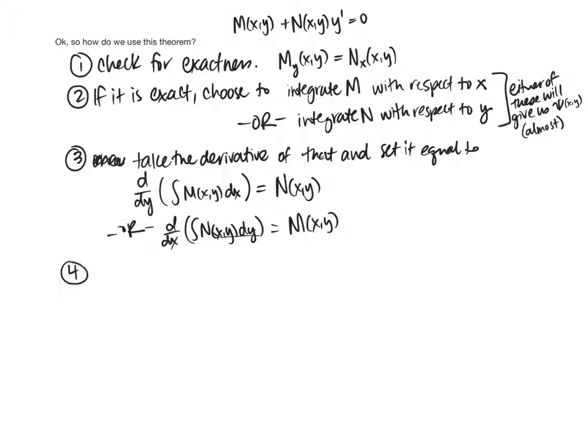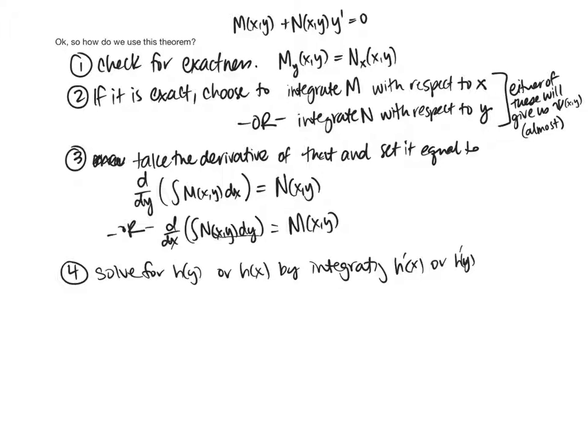And then we're going to solve for our h of y or h of x by integrating h prime of x or h prime of y. Okay. Now, that step will make more sense when I do an example.